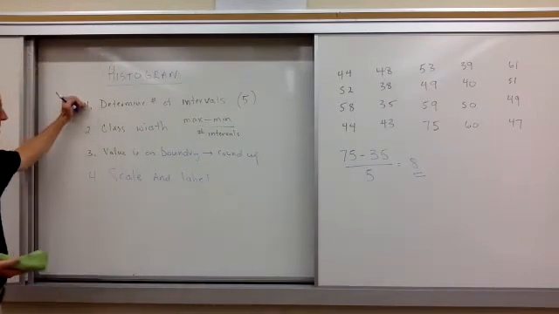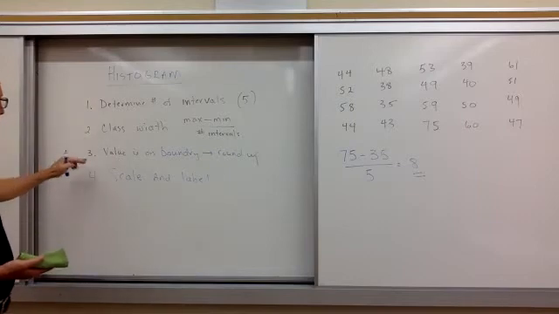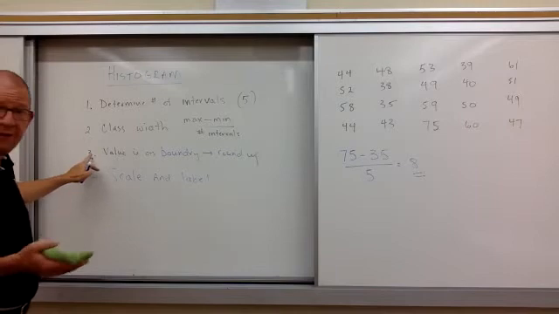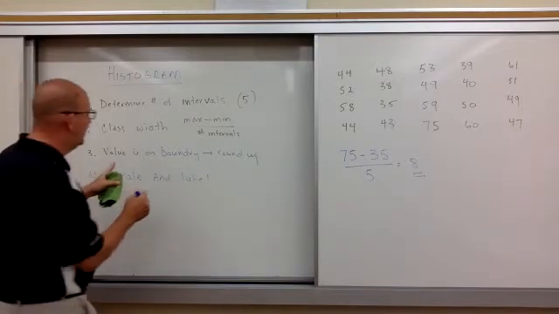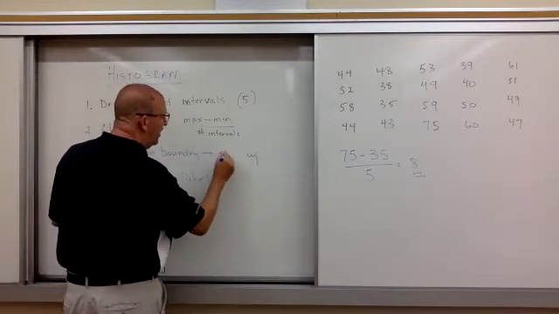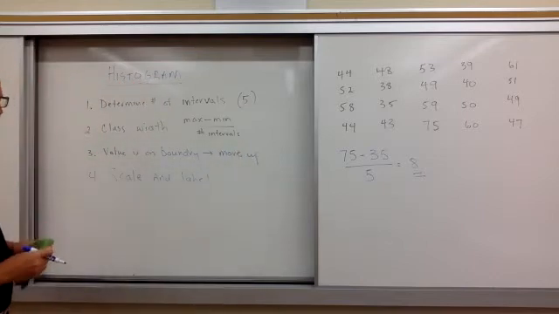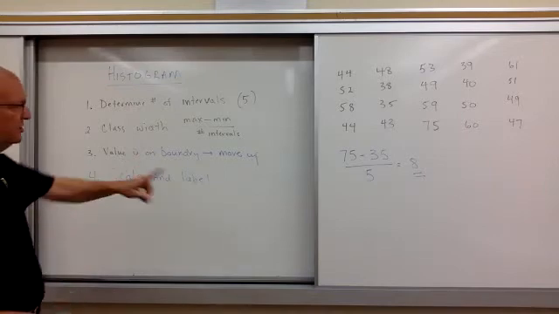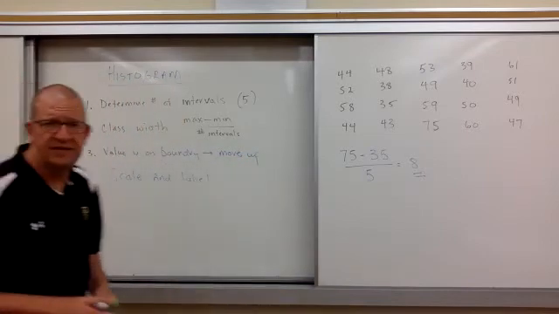We've determined the number of intervals. We've calculated our class width. If the value is on the boundary, we're going to round up, or I should say, not really round up, but move up. So in other words, it's going to go in the next category. And then scale and label. Okay, so let's do that here with this data. I'll just give you a second to get that down.